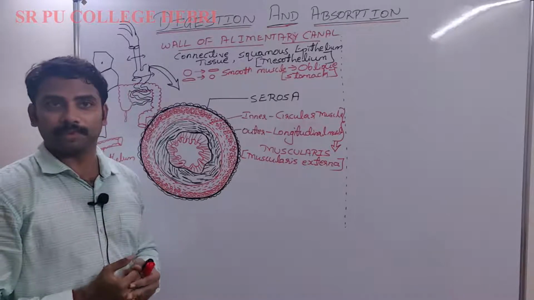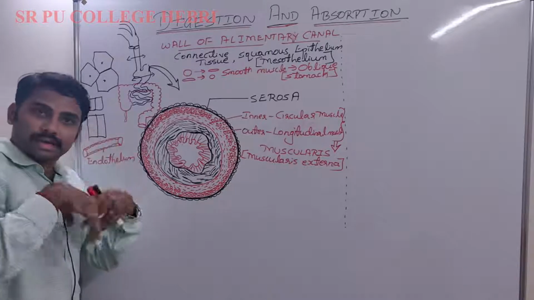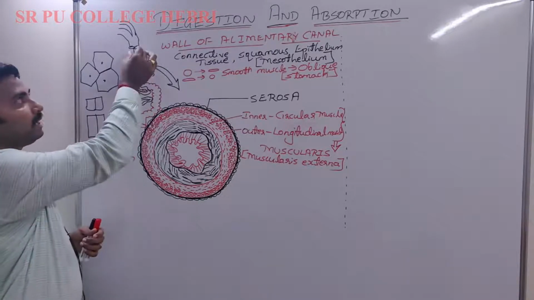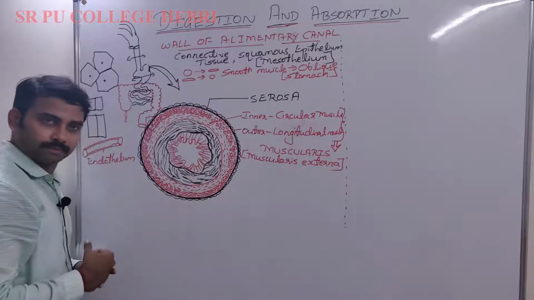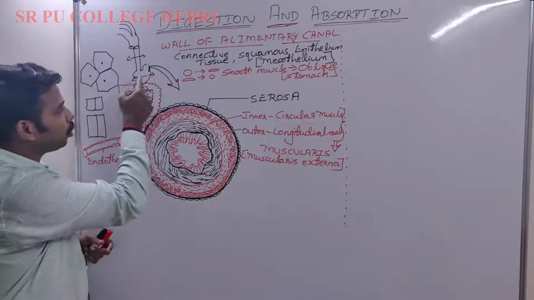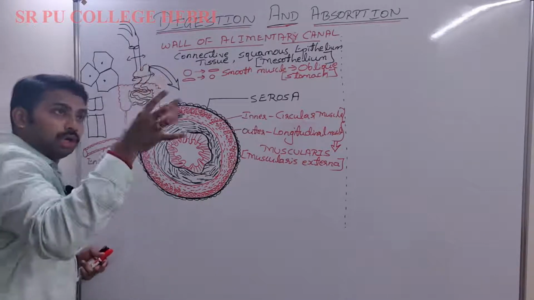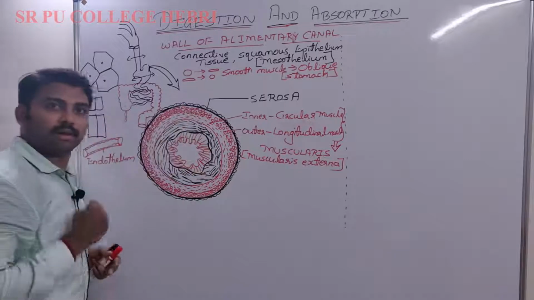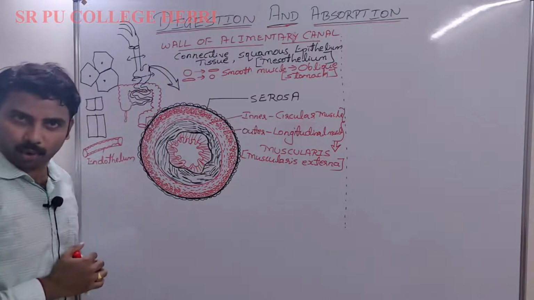What is the use? I told you that while swallowing of the food ಅನ್ನ swallow ಮಾಡುವಾಗ your esophagus undergoes wave like contraction, right? When the stomach is filled with the food, it should go to the small intestine. How? That time also the wall of the stomach undergoes contraction. Now the food came to the initial part of the small intestine.